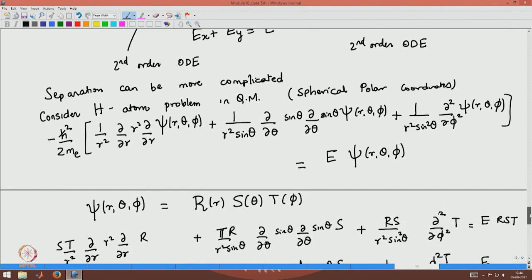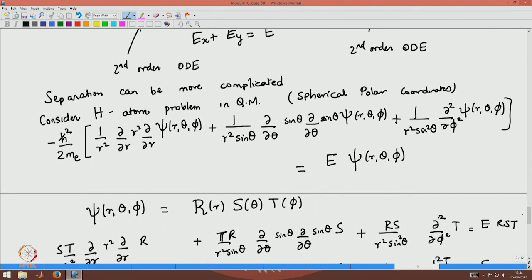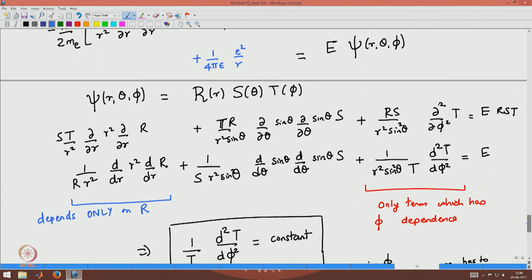I should mention one other term that I had missed out in the Schrodinger equation. There is the potential energy term, which is a function only of r. So it is 1 over 4 pi epsilon, e square by r. This is a function only of r, so this won't contribute to the remaining terms. Let me just call this V of r.